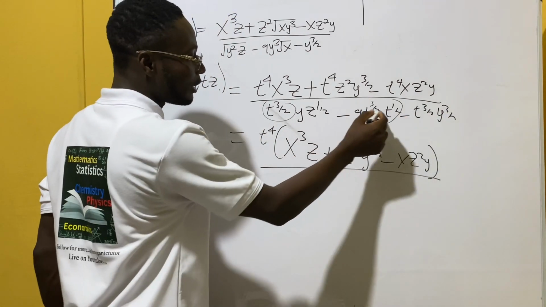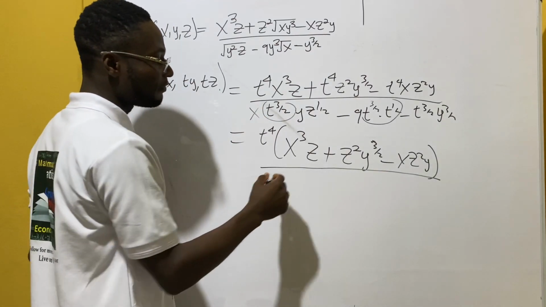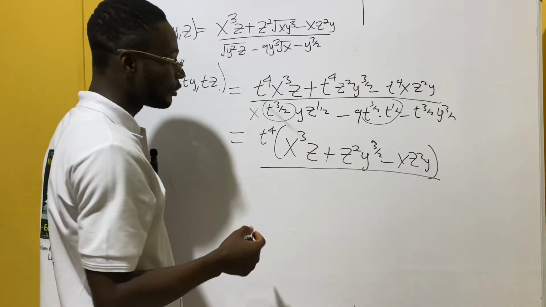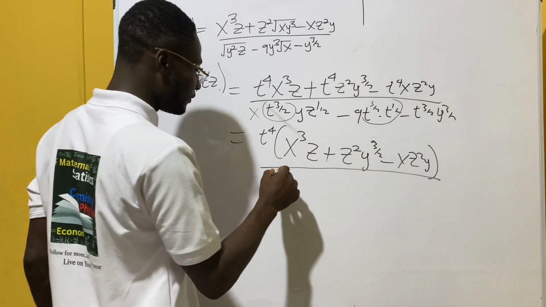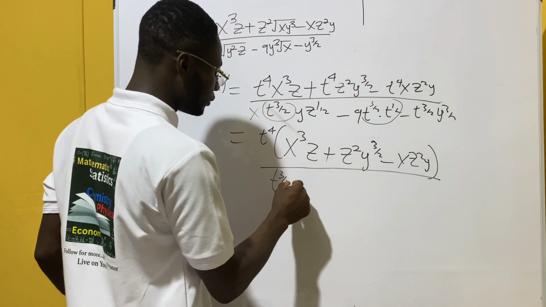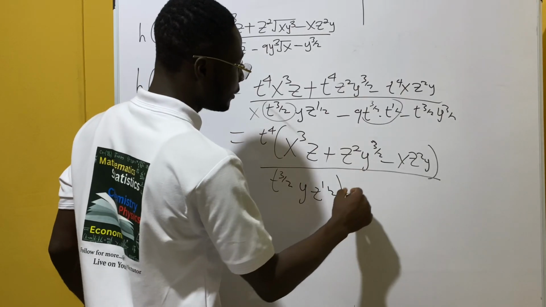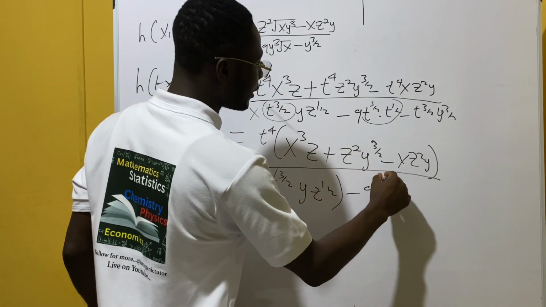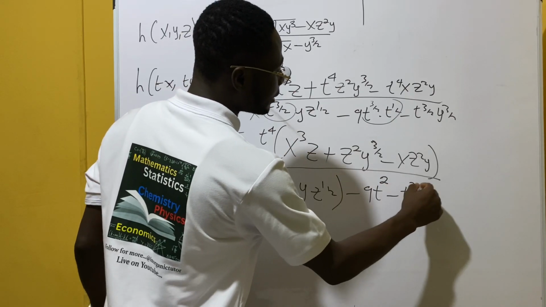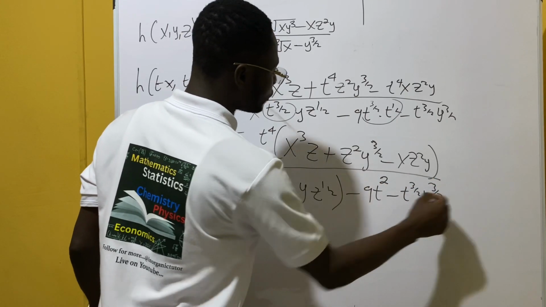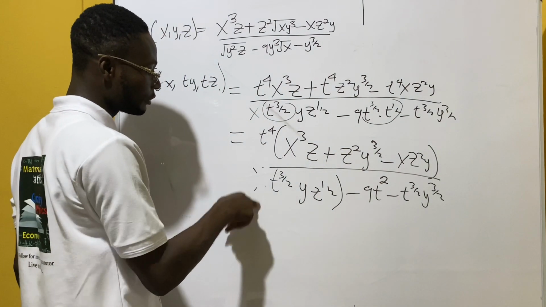So we cannot factorize out t, so this denominator disqualifies the function from being homogeneous. So we have t power 3 on 2 y z power half minus 9 t power 2 minus t power 3 on 2 y power 3 on 2. So the denominator disqualifies the function from being homogeneous.